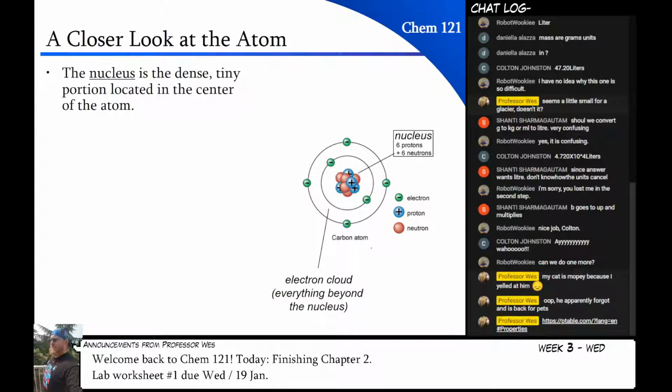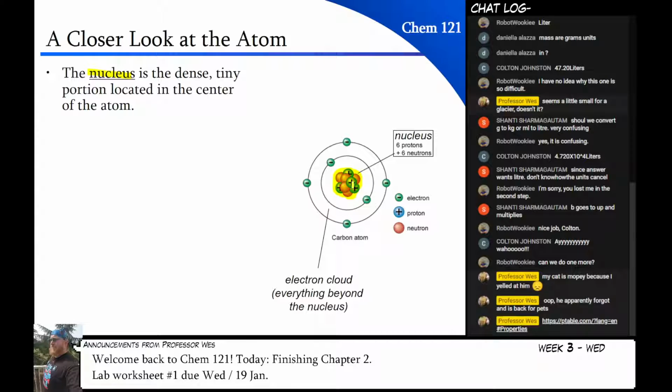All right. First thing we're going to talk about is what does the atomic structure look like when you zoom in really far? The nucleus is going to be the central part of our atom, and the nucleus is extremely dense.